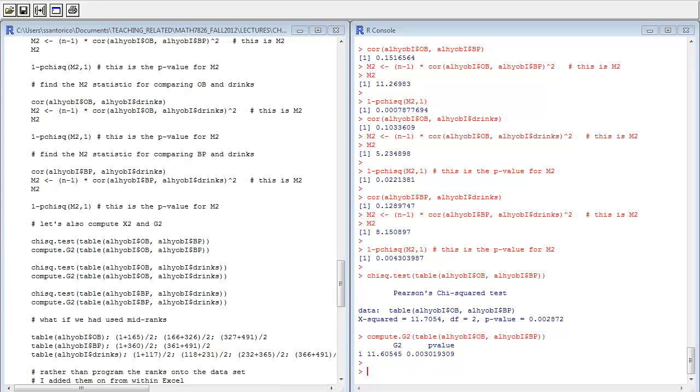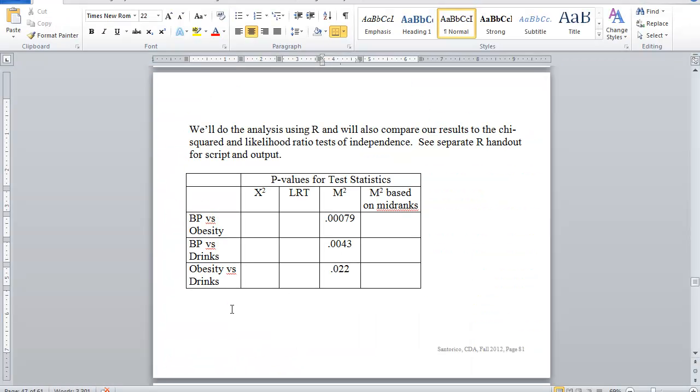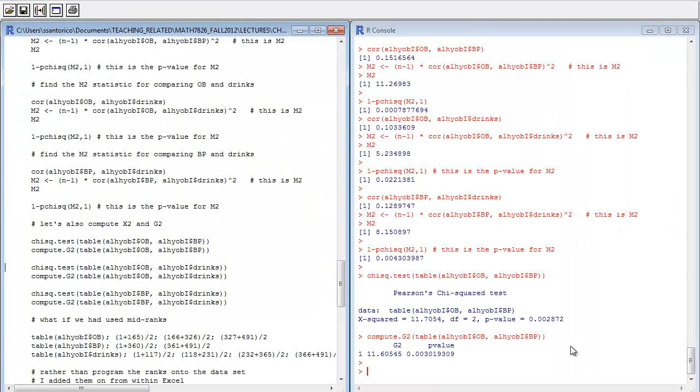So why don't you go ahead and fill in the rest of that table. So this is blood pressure, so this was 0.0029, and this was 0.0030. Actually, let's do the second row.